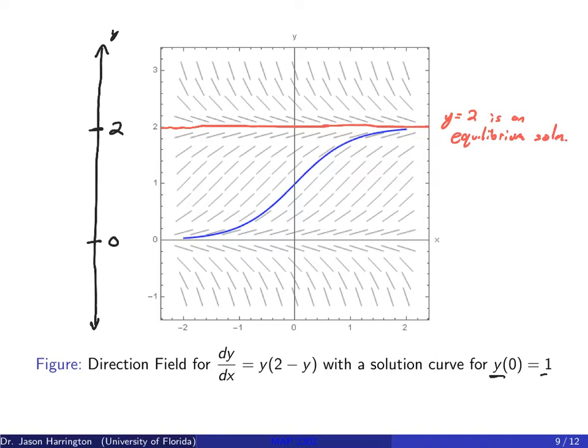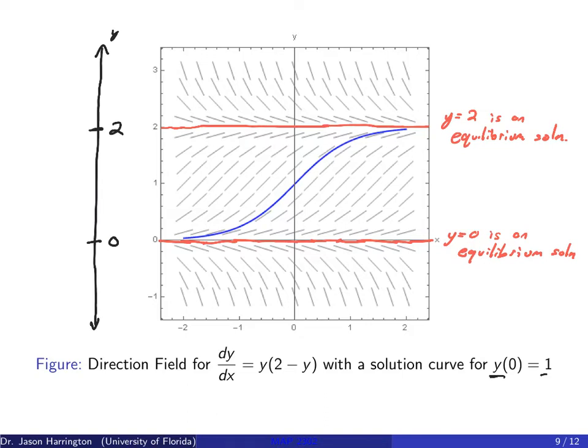And the same thing at y equal to 0, we have another one. y equals 0 is an equilibrium solution. This is why I was putting the 3 dashes for the equals, to be exactly equal. Because I'm not saying that at a point, I'm saying y equals 2, the entire constant, is a solution, and y equals 0 is a solution.